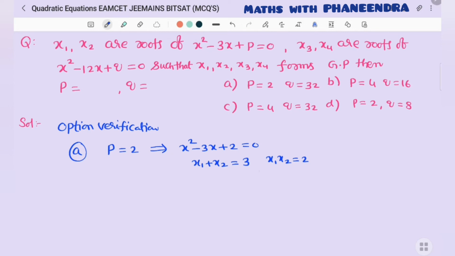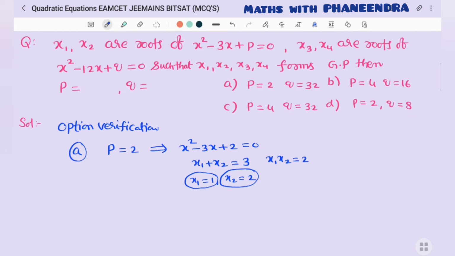These conditions are satisfied with x1 equal to 1 and x2 equal to 2, or x1 equal to 2 and x2 equal to 1. So 1 plus 2 is 3, 1 into 2 is 2. So we got the x1 value and x2 value. After that, we will verify whether x1, x2, x3, x4 form a GP or not.